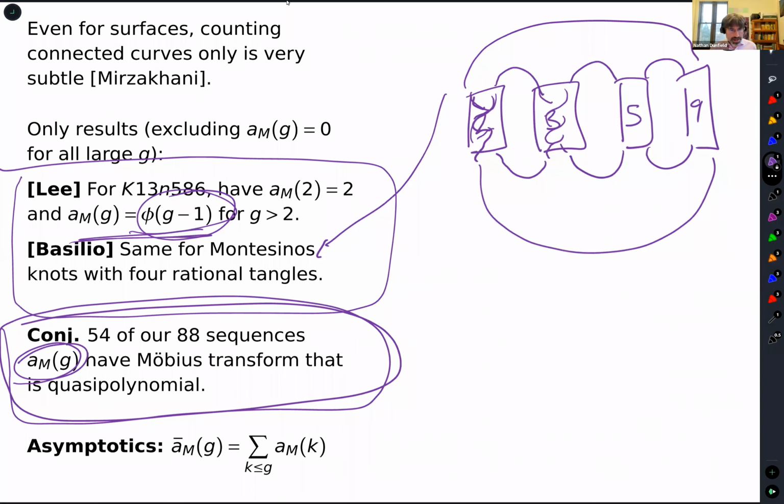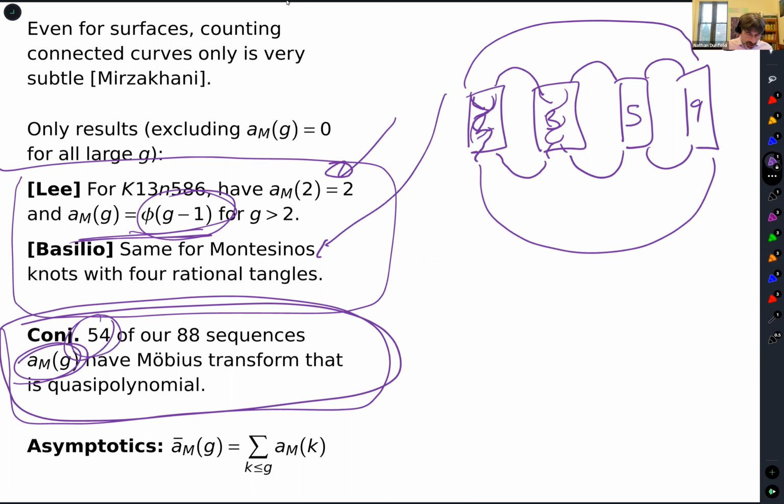There are surely infinitely many, but these are the ones that show up in these small examples. For 54 of them, we have a conjectured answer for what the pattern is. This was the very simplest pattern that we found. But for the other 34, we continue to have no idea what the structure of these counts are.